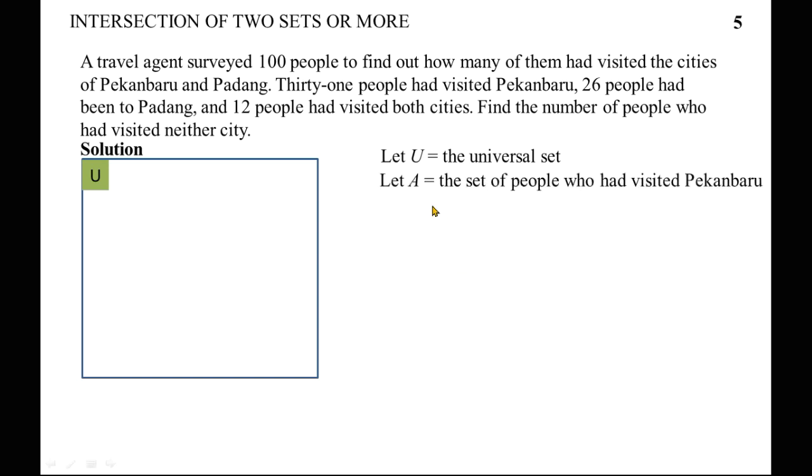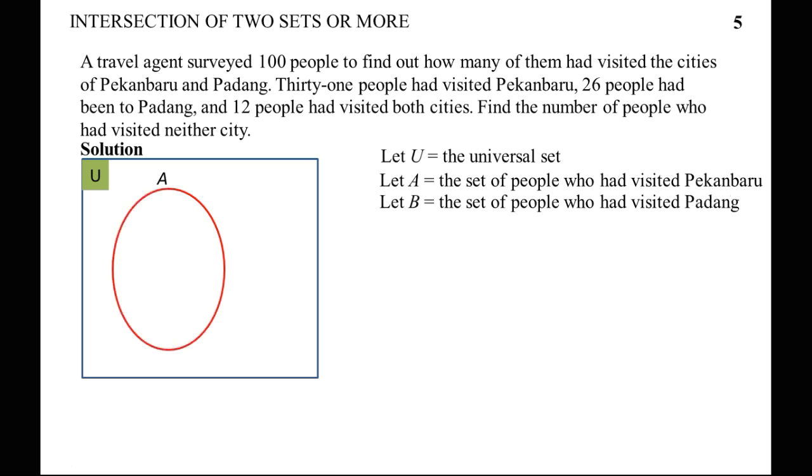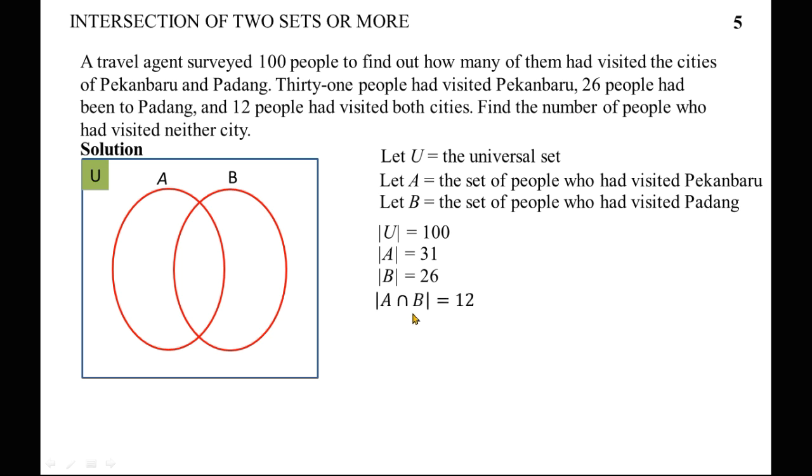Let A be the set of people who had visited Pekanbaru, shown by this circle, and B the set of people who had visited Padang, shown by this circle too. 31 people had visited Pekanbaru, it means that n(A) equals 31, and 26 people had been to Padang, n(B) equals 26, and n(A intersection B) equals 12 because 12 people had visited both cities.